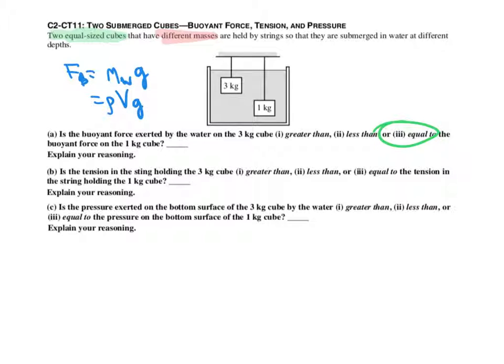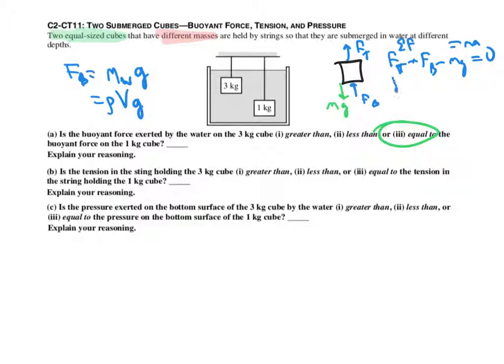But for part B, for each of them, there is going to be a weight pulling it down, which is mg, and there's going to be the buoyant force pushing up, and there's going to be a tension also holding it up. And we see that Ft plus Fb minus mg has to be 0 because that is the net force, and the acceleration is 0.